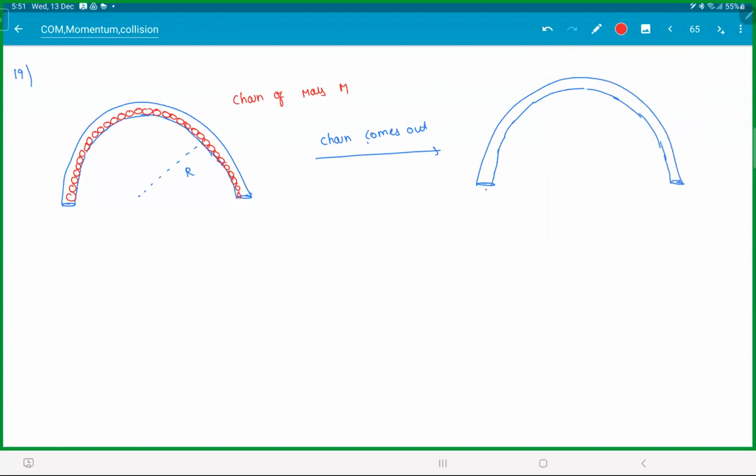And this is what happens. The entire chain comes out. If you give a small disturbance, the chain will start moving and the whole chain is out. Find the speed of the chain when it completely comes out of the semicircular pipe.